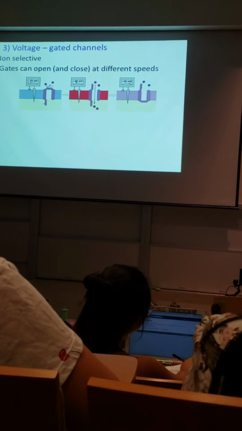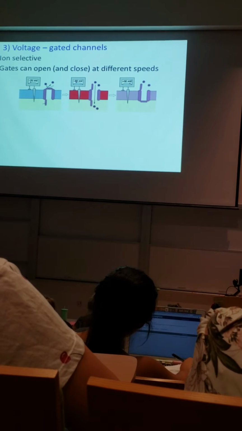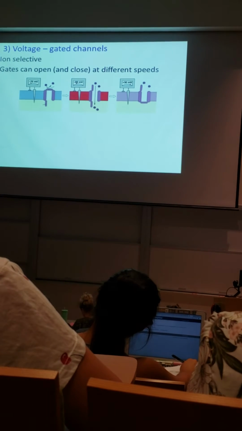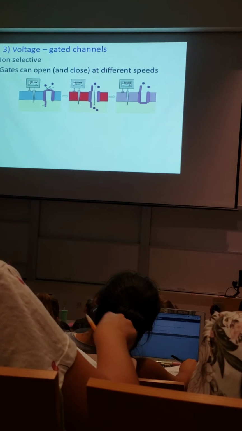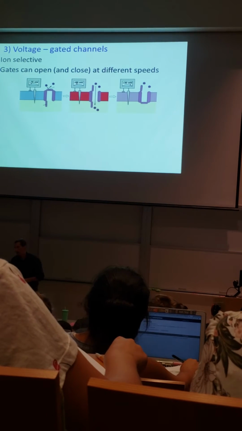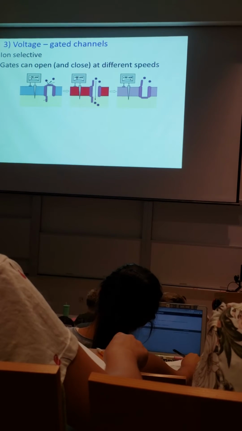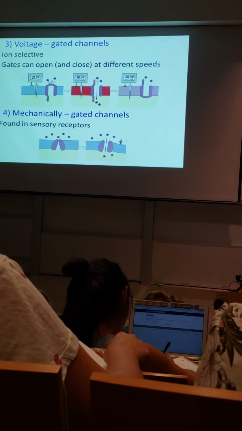Just remember that gates can respond at different speeds, like heavy wooden doors that open up very slowly versus a door that opens like that, or closes like that. And the last group, which I mentioned in the GRQ when I asked you about the ears, are the mechanically gated channels. They are channels that open up mechanically.